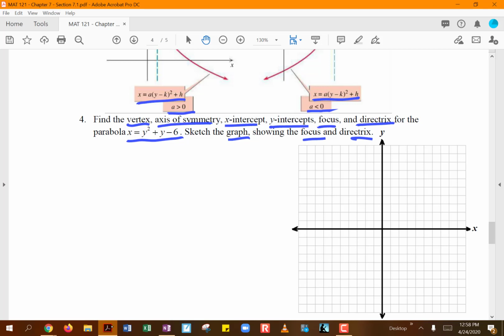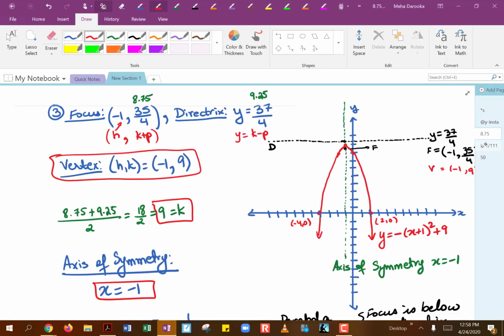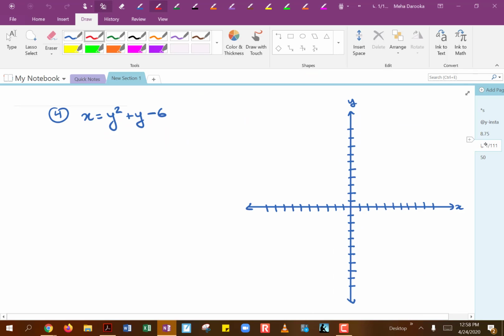So let's go ahead and see all the information that we have and what we need to find. So x equals y squared plus y minus 6. As you can see here, our a value is going to be 1 because that's the coefficient on your y squared, which is 1.